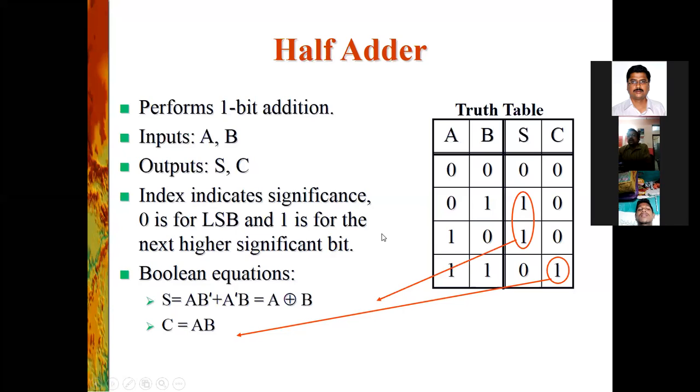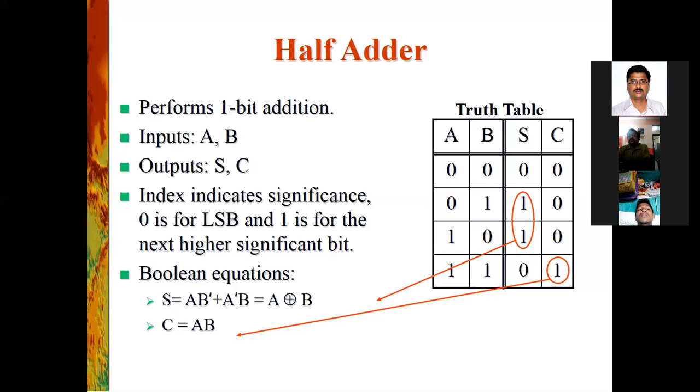What is the base of the binary number? The base of the binary number is 2. If the base of the binary number is 2, the number of combinations will be 2 power 2. If n is the base of the number system, remember this one.